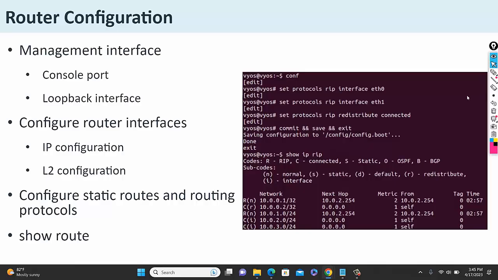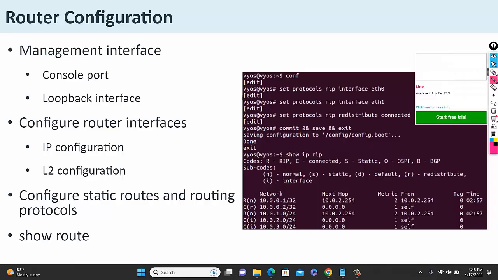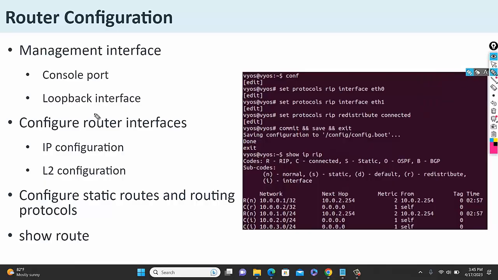So how can we do the router configuration? We have already done router configuration previously. There is one interface called the console port. It is actually a management interface.